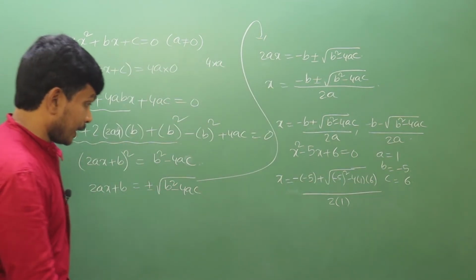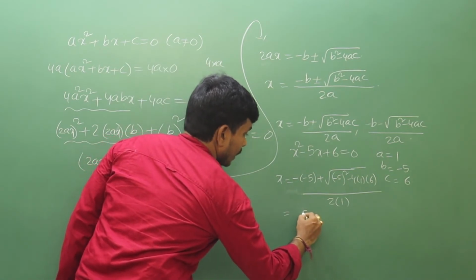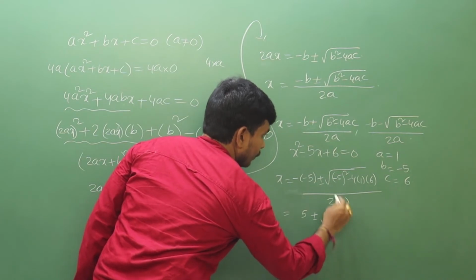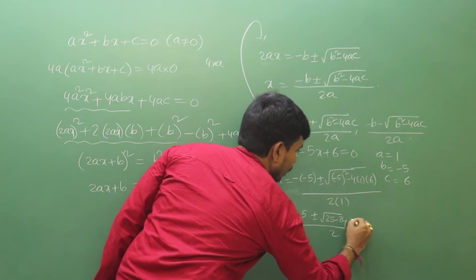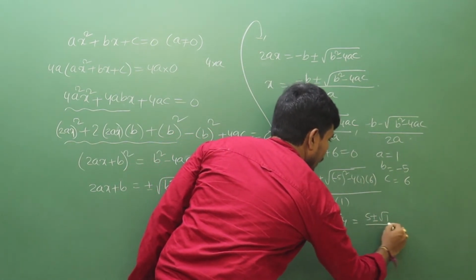Substitute those values and you will get it. Minus into minus is plus 5 plus or minus, directly you take 5 square 25 minus 24, whole by 2, that is equal to 5 plus or minus root 1 by 2.